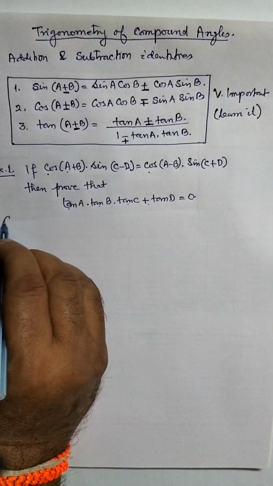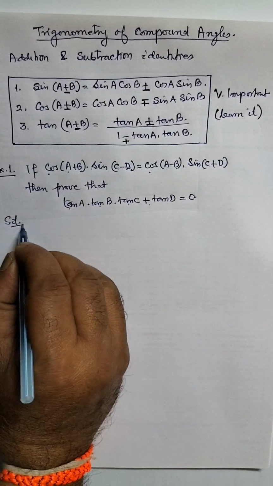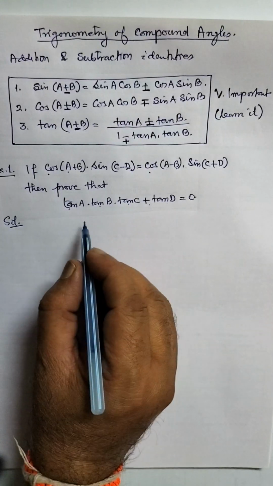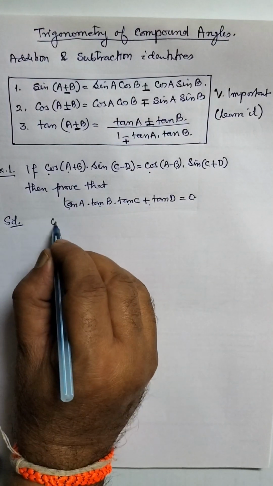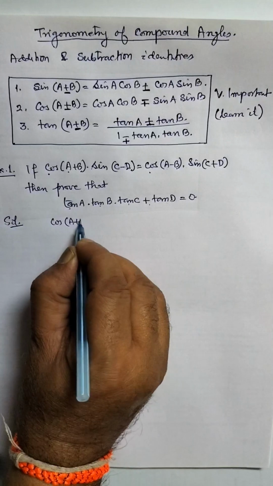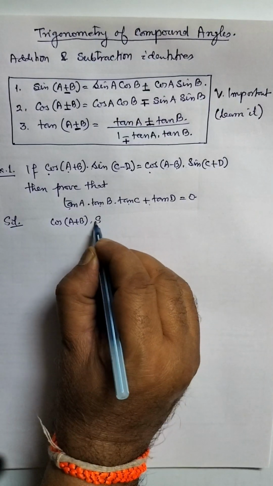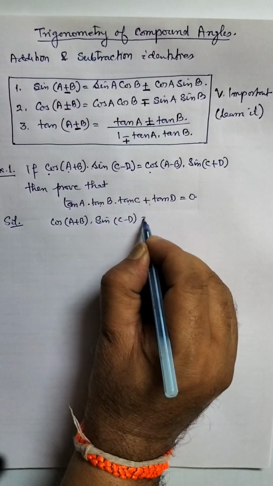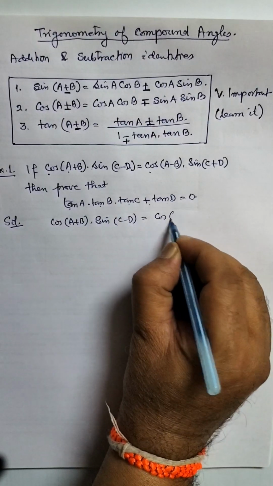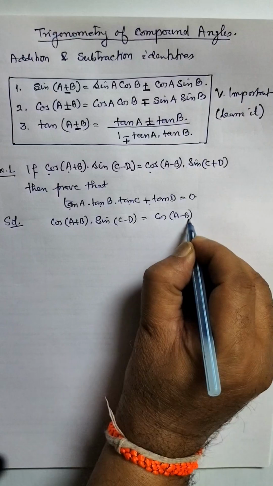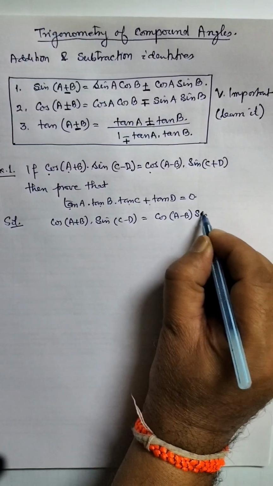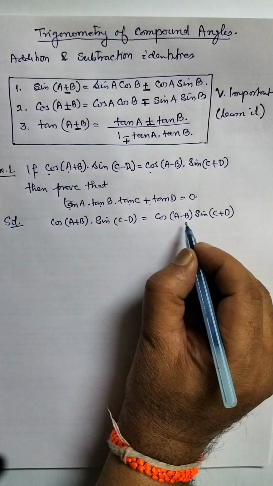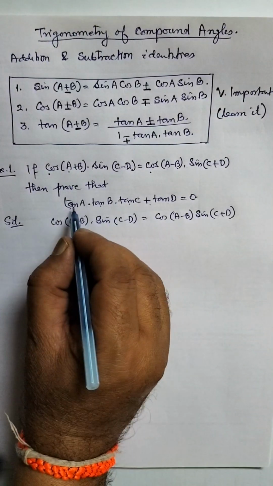Let's see the solution. Let's take this side. Cos A plus B times sin C minus D is equal to cos A minus B times sin C plus D. This is what we have. We have to start with this and try to get this.